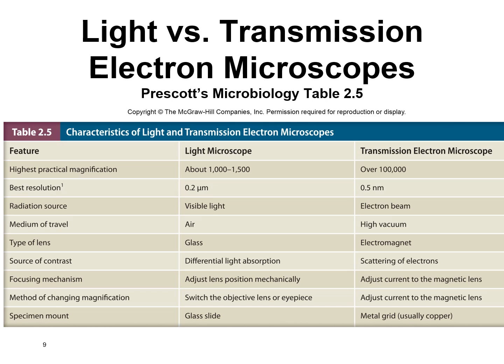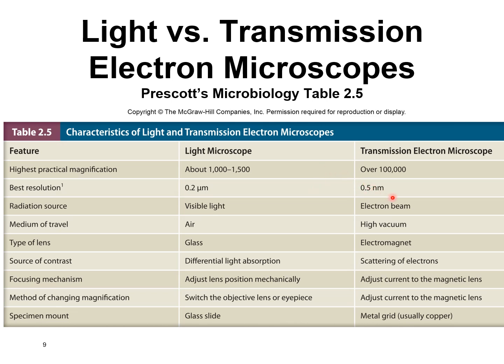And then the resolution. This is talking about how close do these two different points have to be, so you can see them as separate, distinct points. So with the light microscopes, as long as they're 0.2 micrometers or 200 nanometers apart, you can tell that there's two separate points there. So that's pretty low resolution.